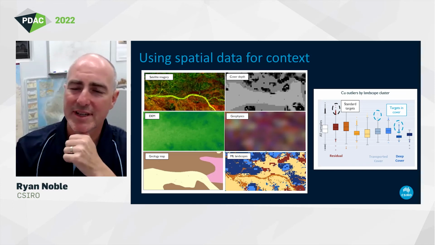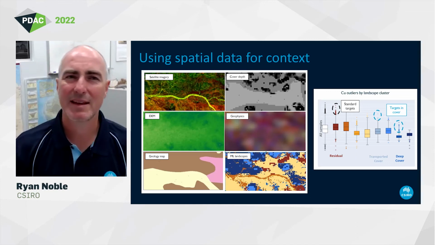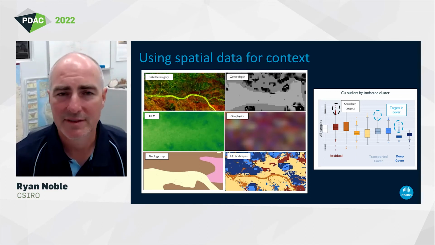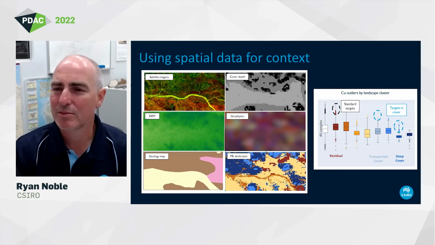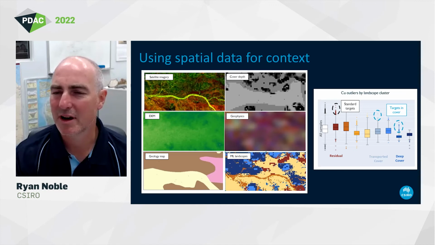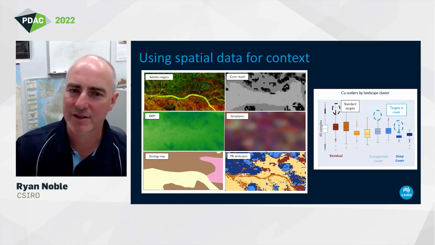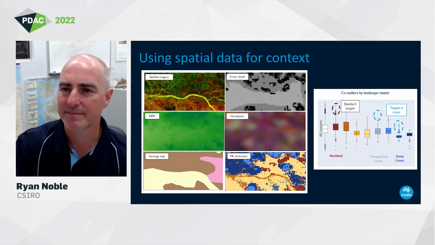And so, you know, the standard targets you see regardless almost of technique and consideration. It's the more subtle targets in cover that are really going to be the challenge going forward and how we get these. And so, you know, we've identified some new targets in this setting.